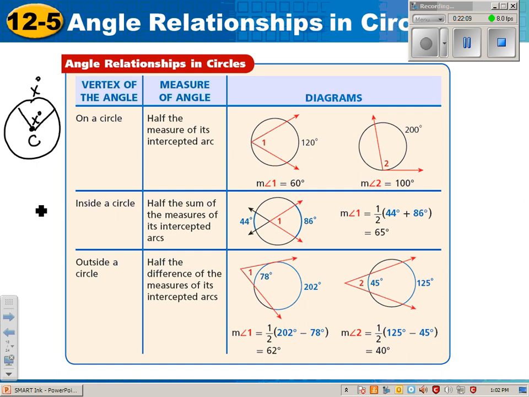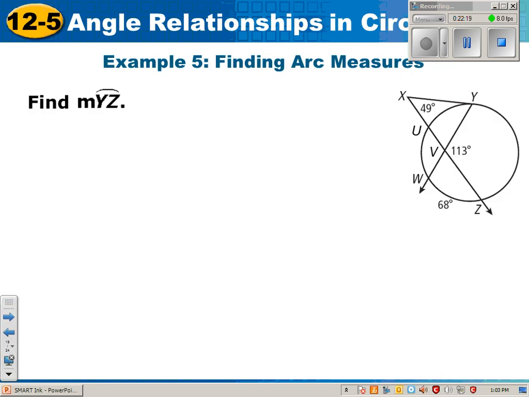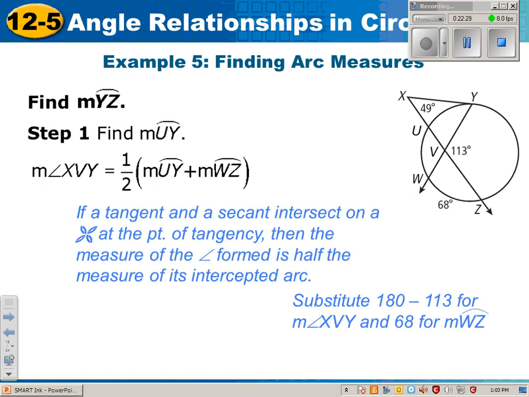Probably trig, special right triangles and trig. That was in chapter 8. Any questions? Okay, look at this one. Arc YZ. See if you can find it on your own. This is the last one.